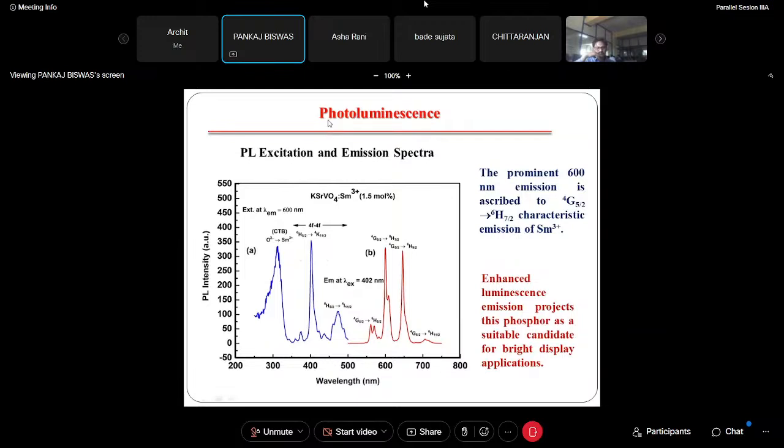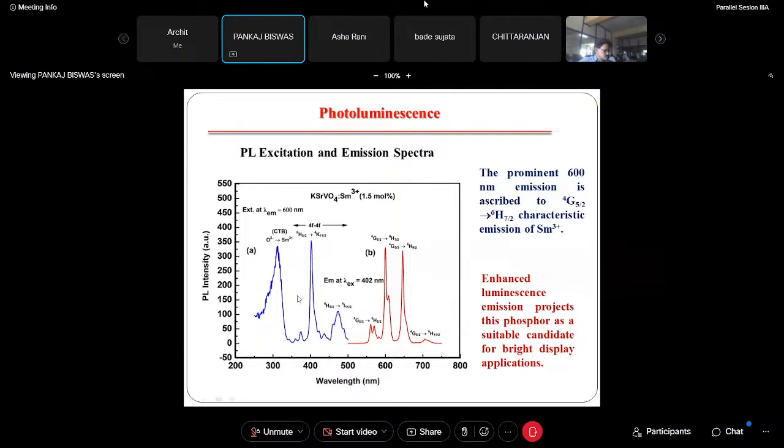Then we have the photoluminescence technique, which we exploited for PL excitation and emission spectrum determination. As we can see here, the excitation spectrum shown in blue has a peak around 400 nanometers and a charge transfer band about 300 nanometers. We exploited this 400 nanometer absorption from the UV emitted by indium gallium nitride based LED chips.